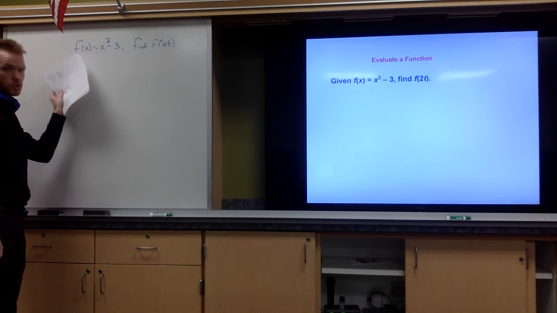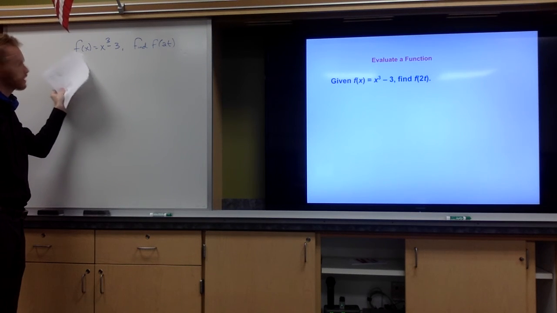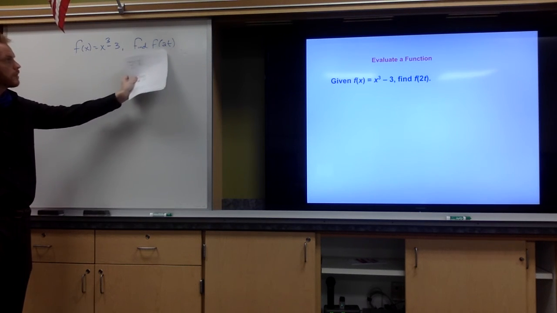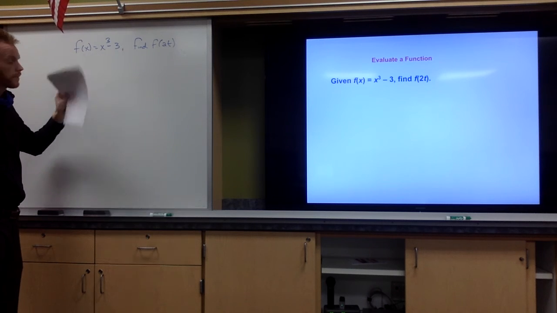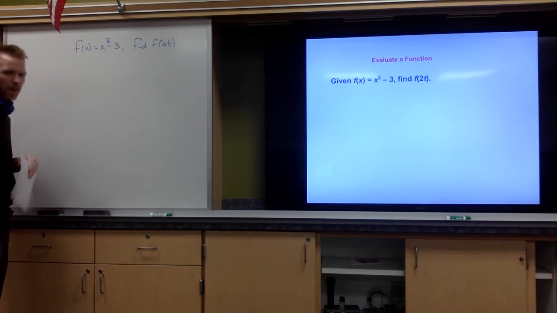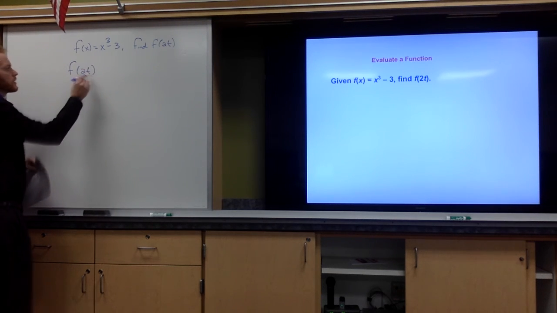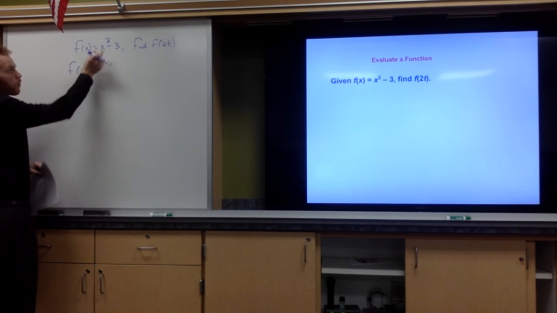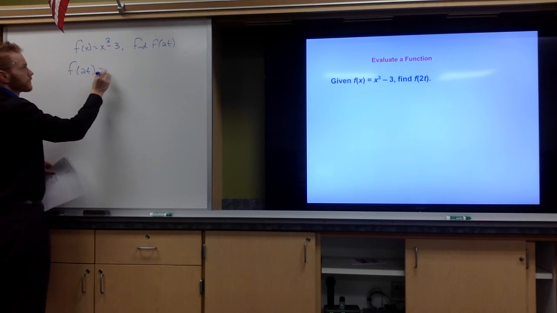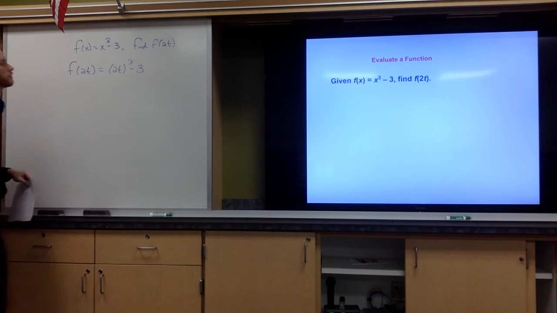This is a function. This graph or this relation is a function, right? That's what that means. This is telling me to plug 2t in for x. I'm plugging another variable in there. Kind of awkward, but let's try it out. So anywhere I see an x, I'm putting this whole thing in there. Okay? So it'll be 2t cubed minus 3.